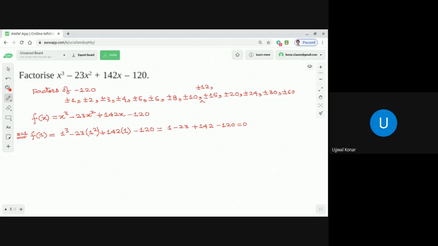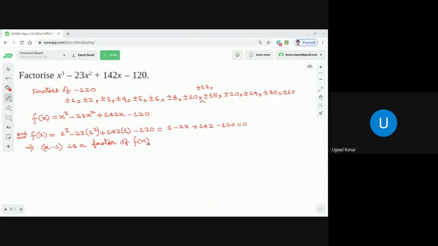So with the first few factors, plus 1, minus 1, plus 2, minus 2, plus 3, minus 3 at maximum, beyond that it will not go. But here we are fortunate. We get f(x) equal to 0 for the first factor. So from here, what can we say? We can say x - 1 is a factor of f(x).